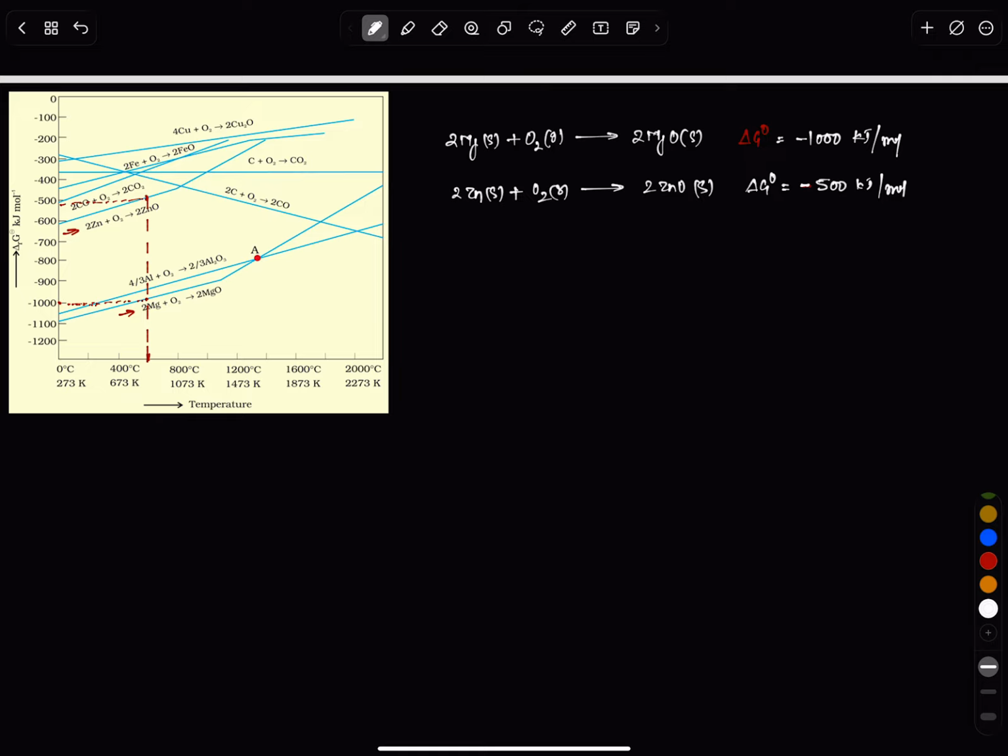Now, applying Hess's law, if we multiply the first reaction by 1 and the second reaction by minus 1, and add them, oxygen will get cancelled out.